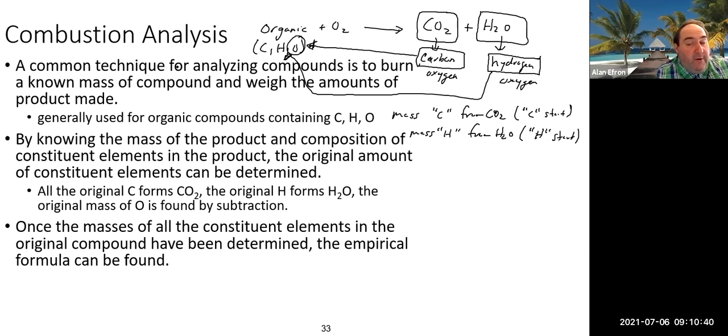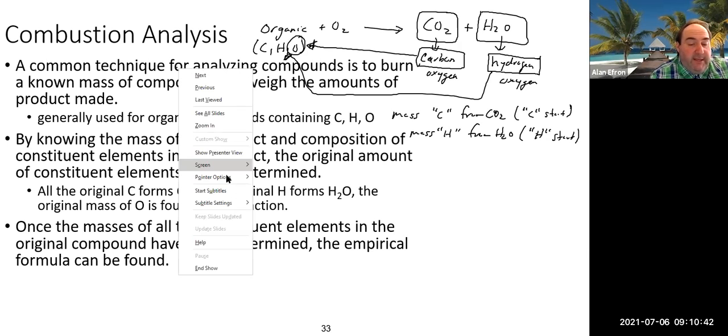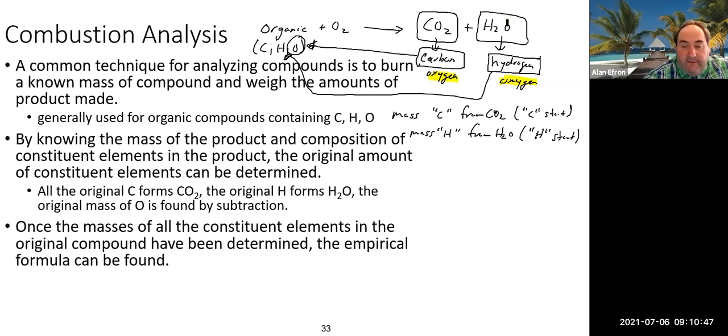The answer is no, we cannot, because some of the oxygen that ended up here came from the oxygen gas that was added to this reaction and not just the original oxygen that was present. So we can't directly use the oxygen collected in the CO2 or the H2O to figure out how much oxygen was there originally, because some of it came from the O2 that was added and not from the original compound.